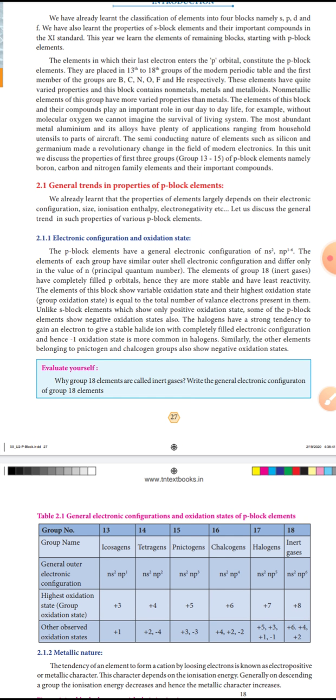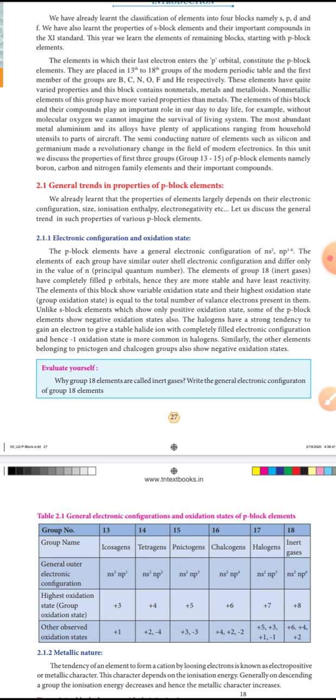Next, let us learn p-block elements. We know the periodic table has 4 blocks of elements: s-block, p-block, d-block and f-block elements.